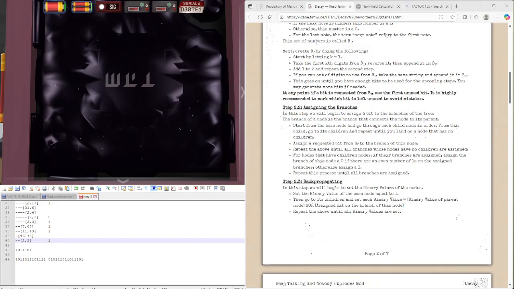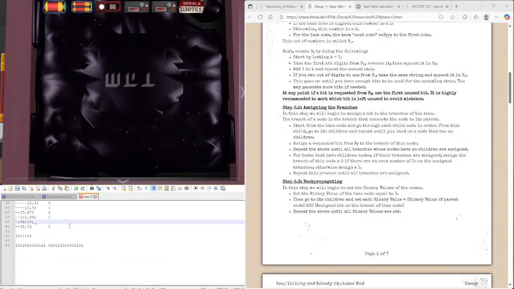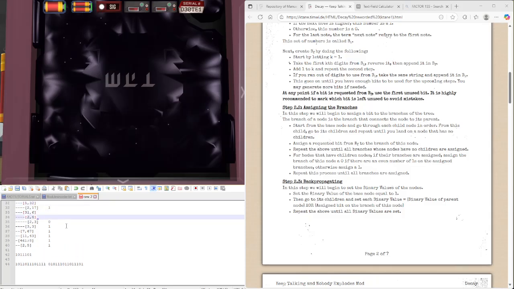The ones are assigned from the branch of this node. 0, there are an even number of ones on it. Alright, so 1. So this one needs to be a 1. This is going to be 0.